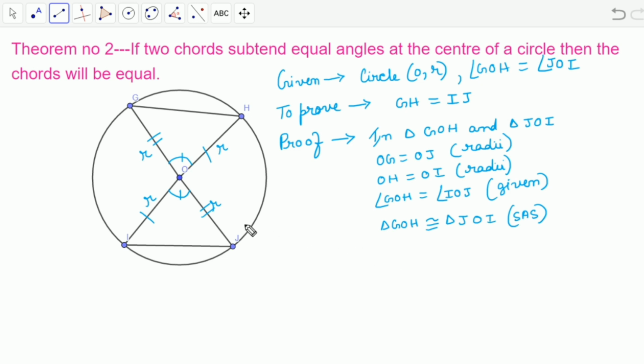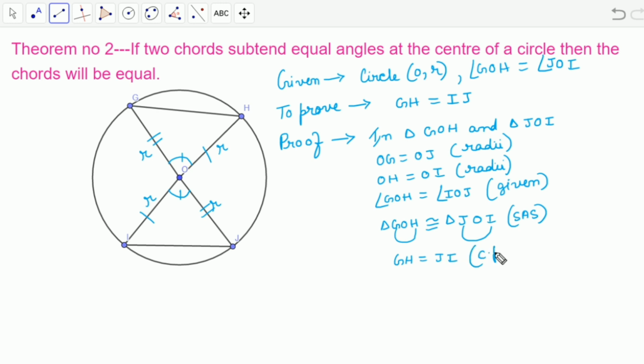JOI. By what criteria? By SAS criteria. Side angle side. The angle is included between the two sides. That's why the side angle side criteria. And thus we get GH is equal to JI. What is the reason?